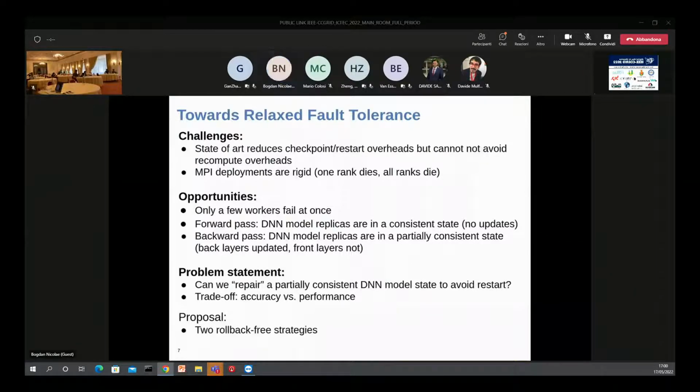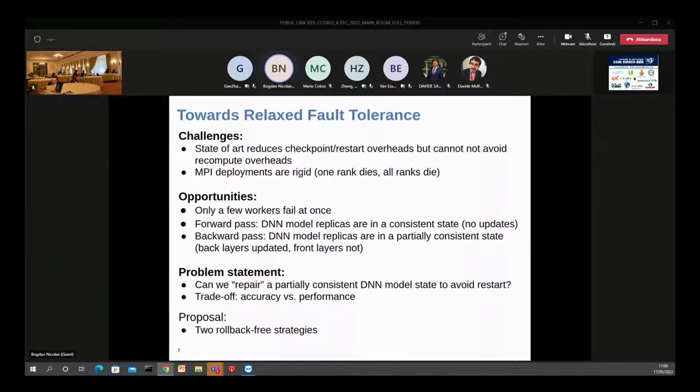And then in this case, we have an opportunity to improve on this approach. And ideally, we would like to get rid of this replay overhead.